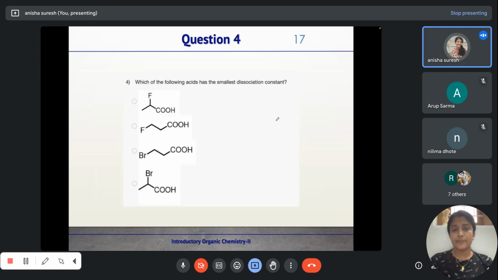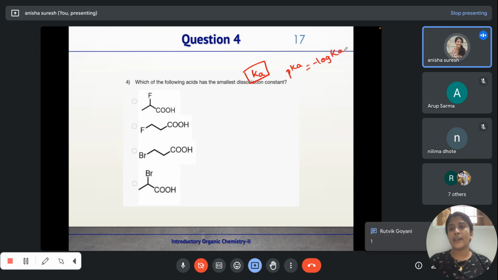Now this is question number 4. Which of the following acids have the smallest dissociation constant? Dissociation constant is Ka. We might have seen pKa. pKa is the negative logarithm of Ka, and we were using pKa to find which acid will be stronger.